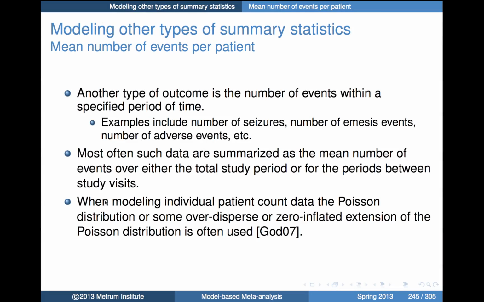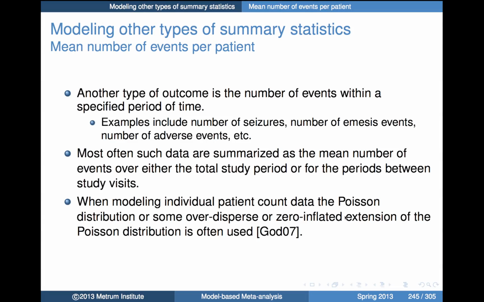Okay, so if we were actually modeling individual data of that type, typically what we would find ourselves doing is using something like a Poisson distribution or some overdispersed or zero-inflated extension of the Poisson distribution to describe those outcomes.